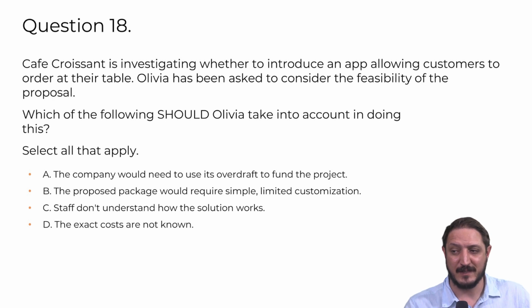Then D, we have the exact costs are not known. If we think of it from a financial perspective, it's not really looking at it from a feasibility perspective, because knowing the costs or not doesn't make the solution feasible or not. What makes it feasible is if we can afford it, are we going to get a return on investment, or do we need to borrow the funds?